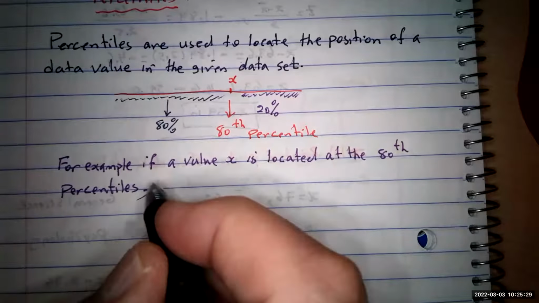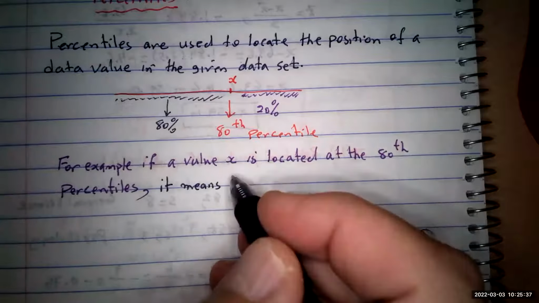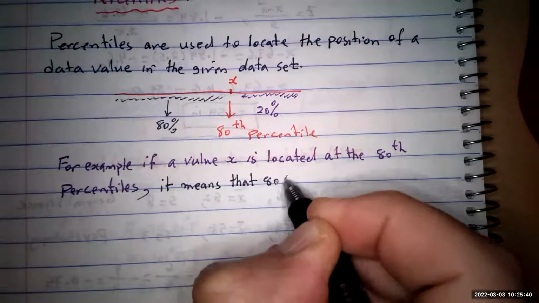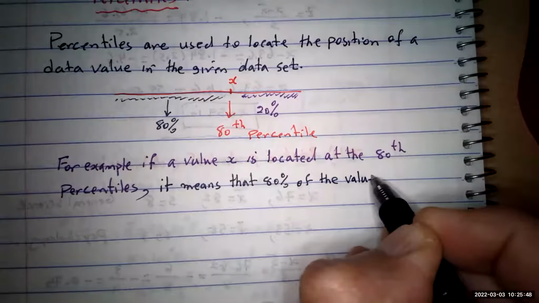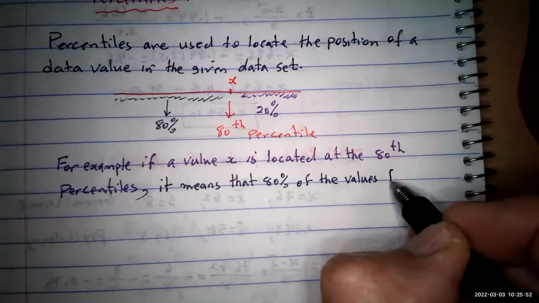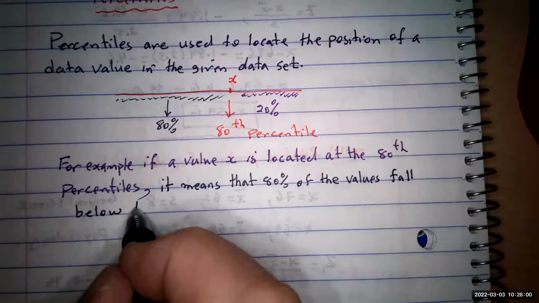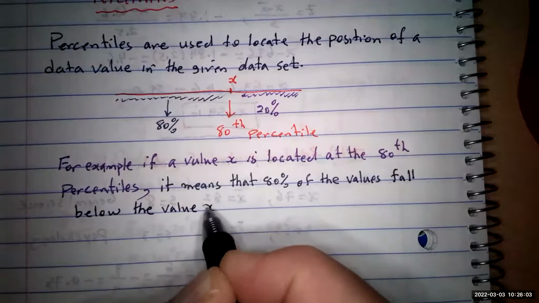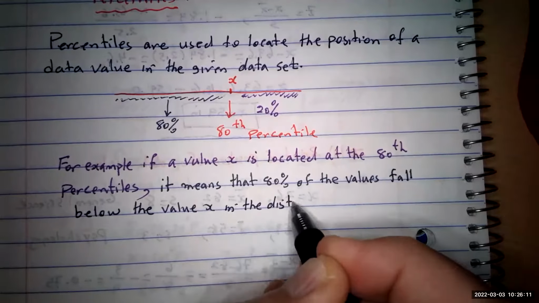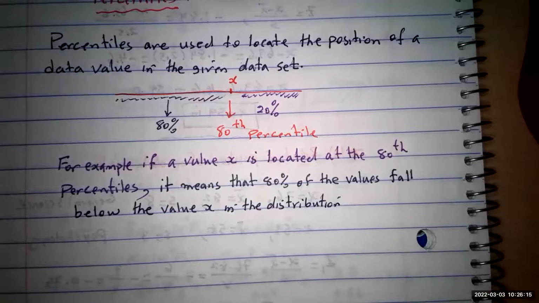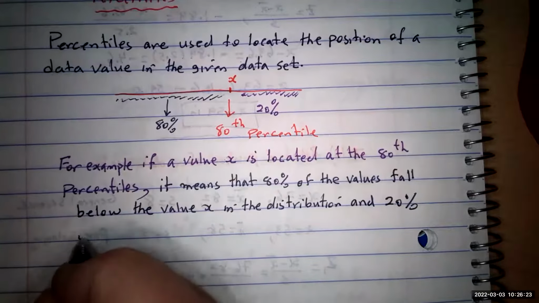It simply means that 80% of the values fall below your number, below the value x, in the distribution of those grades, and 20% are going to be above the value.